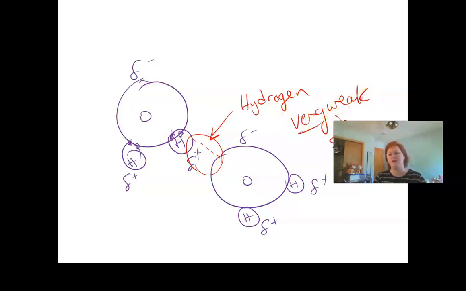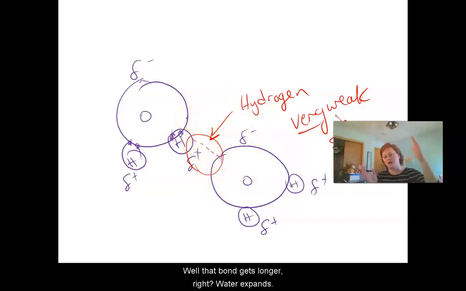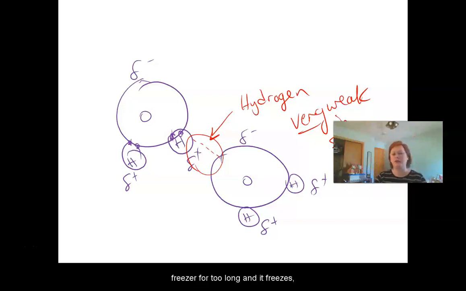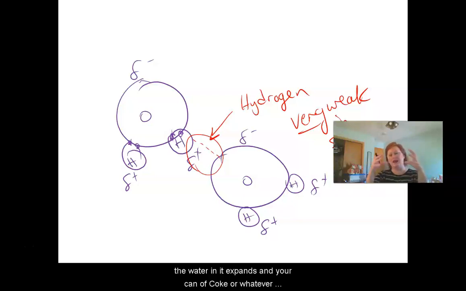in solution. But what happens if we turn water into a solid? Well, that bond gets longer, right? Water expands, and it gets incredibly strong. So if you leave your soda, for example, in the fridge or in the freezer for too long and it freezes, the water in it expands and your can of Coke or whatever it is explodes.